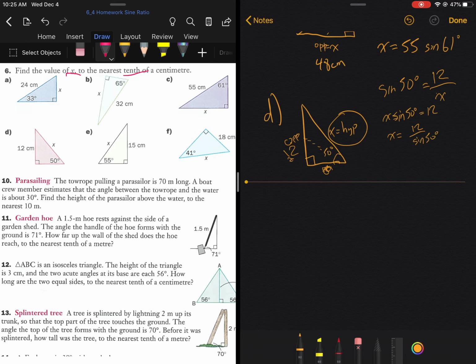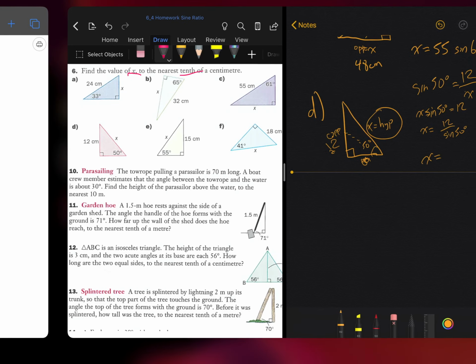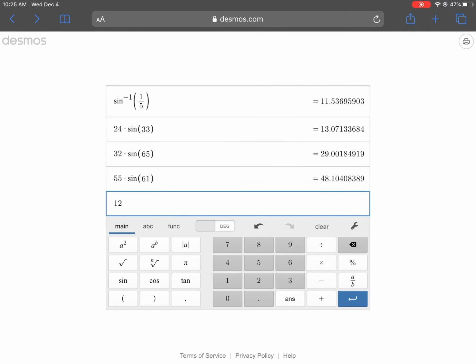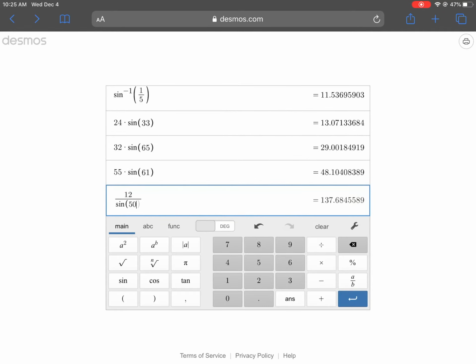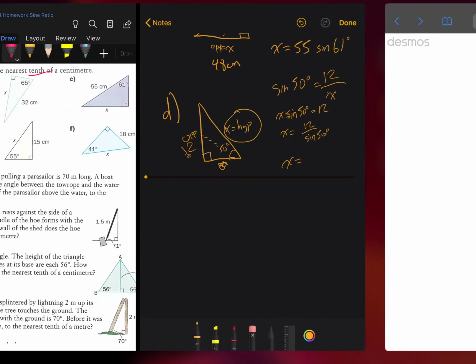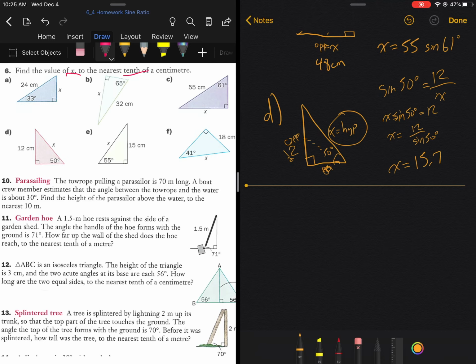Divide both sides by sine of 50. 12 divided by sine of 50 equals 15.7. 15.7 centimeters.